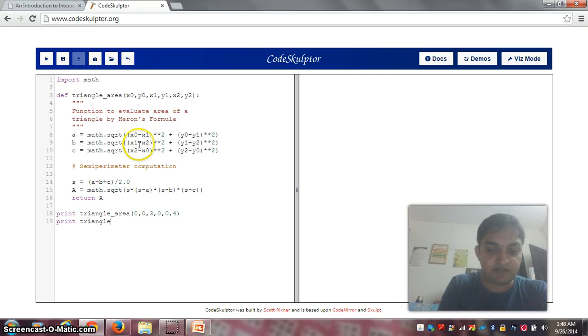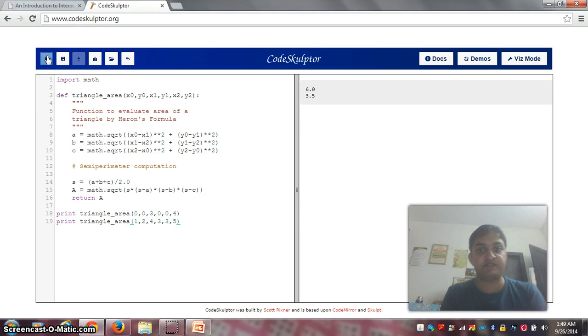Another example. Okay, now let us see whether our function is running correctly. Okay, so now it is computing area in floating point. So let's check our result.